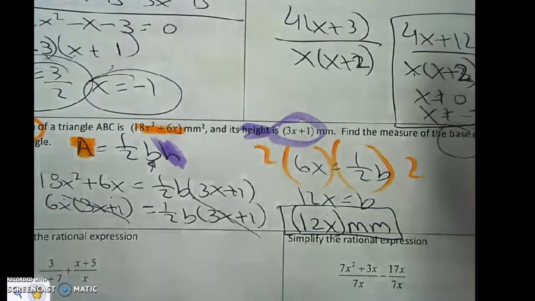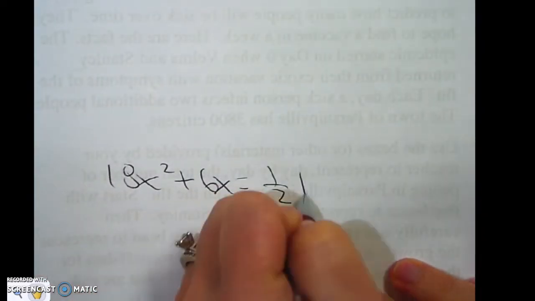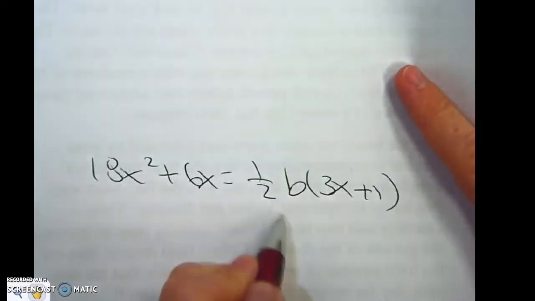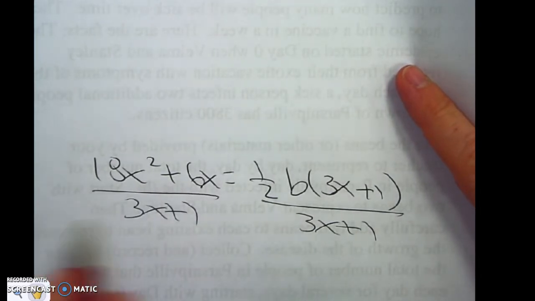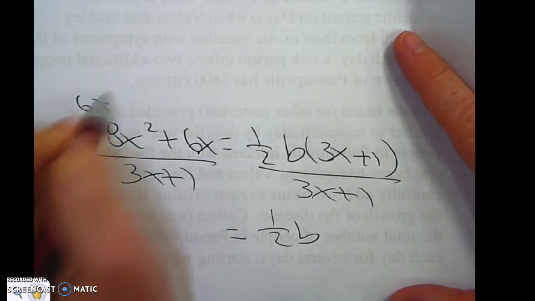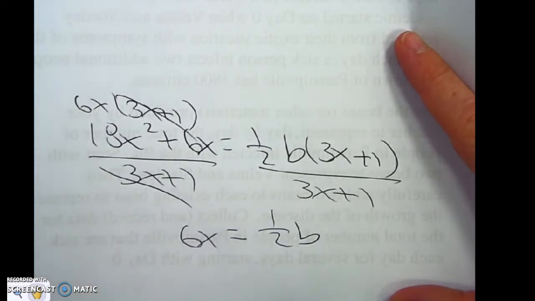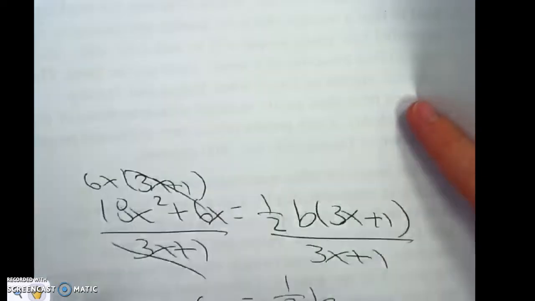Okay. I want to show you another way that you could have solved this. So you could have gone 18x squared plus 6x equals 1/2 b times 3x plus 1. So something you could have done is you could have divided by 3x plus 1 in the beginning. And then you would have been left with 1/2 b on this side. Factored this. Now see they're gone. 6x equals 1/2 b, dot, dot, dot. You could have multiplied both sides by 2 in the beginning.